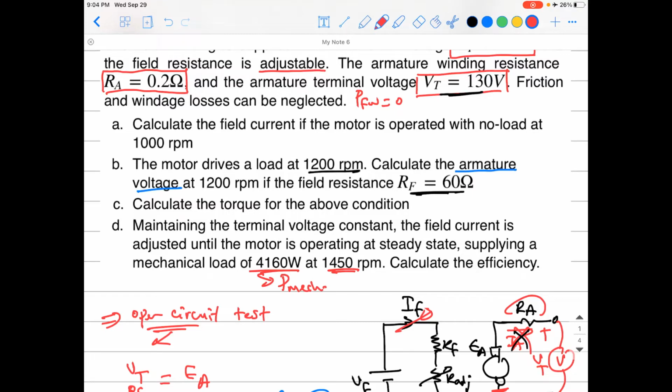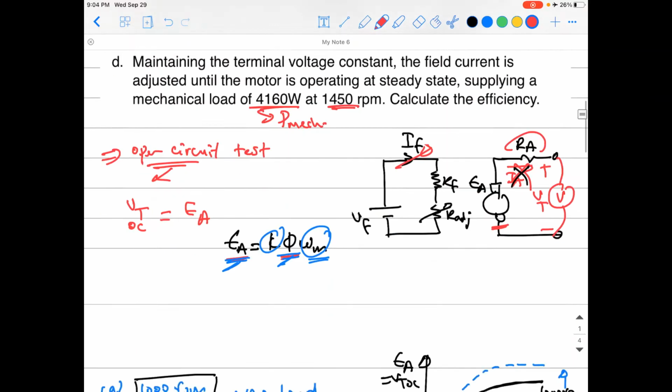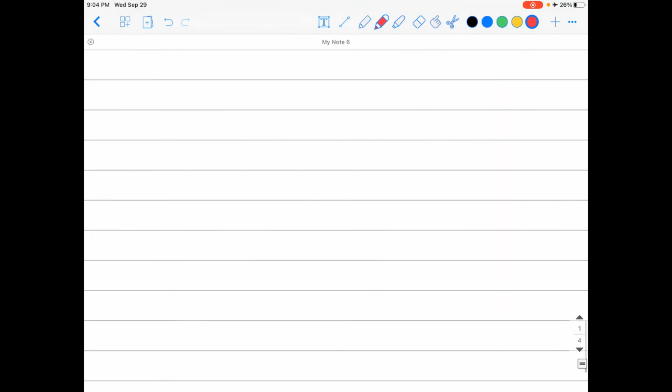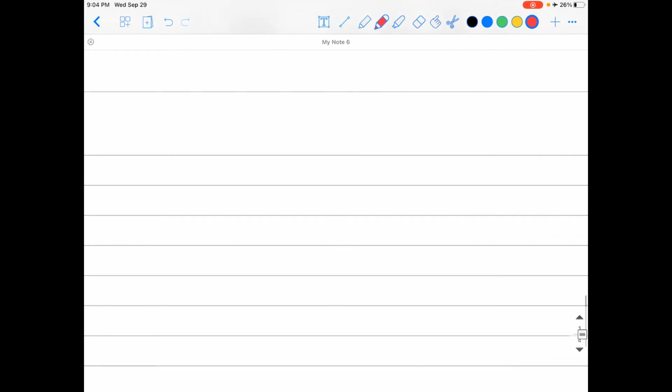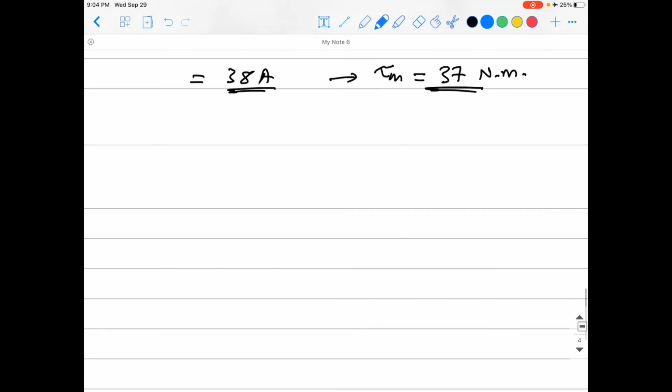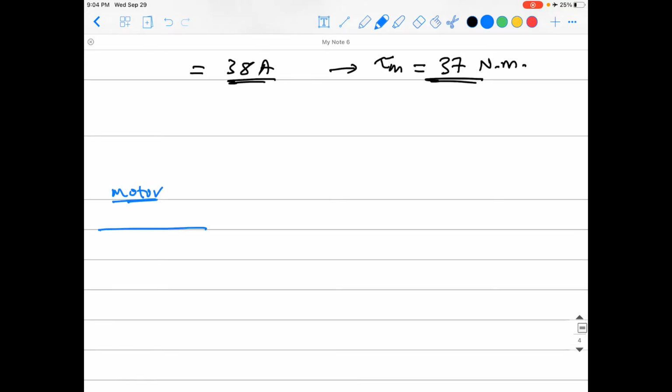Let's play a little bit with how to find out the efficiency. That's going back to the very last thing we had in the past lecture, which is the power flow. Because we are dealing with a motor here, I'm gonna remind you of the power flow diagram for the motor.